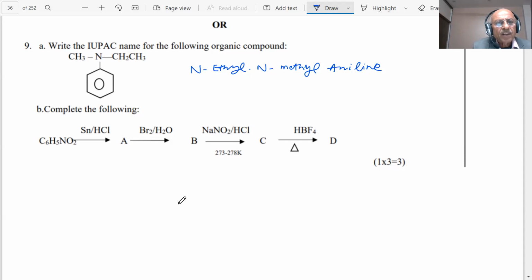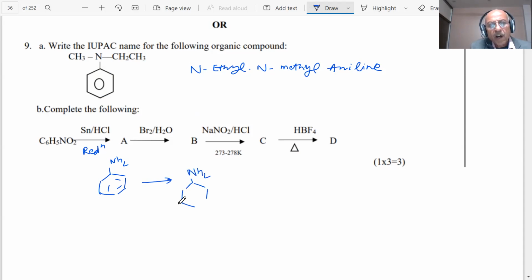You can complete the following. What will happen? This is a reduction. So this will reduce this. You will get NH2. And what is this? Br2. Then NH2 group is a strong activating group. And you already know what is the result of this. This will form 3Br and H2.